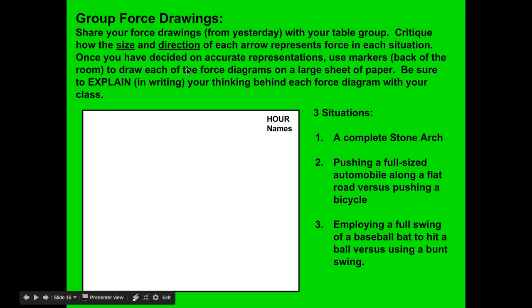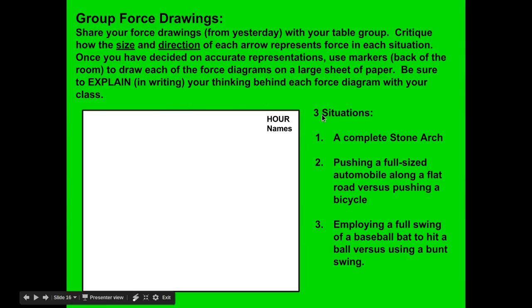Once you've decided on some accurate representations, you can use markers, which are in the back of the room, and the guest teacher can get those for you. You're going to draw some force diagrams on a large sheet of paper. You're going to do a really good job because you're going to be turning these in at the end of the hour, and hopefully they'll be displayed around the room and in the hallways. So make sure to explain in writing what your thinking is behind each force diagram.